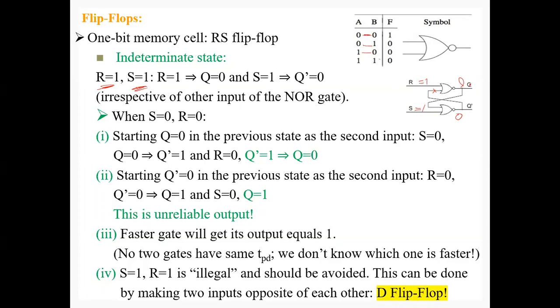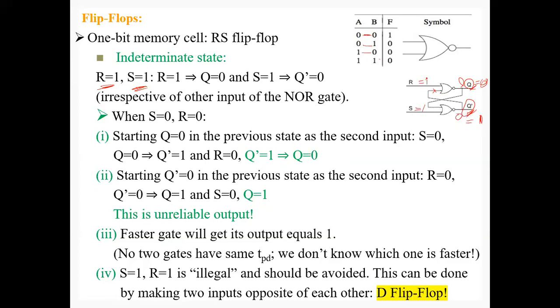So what is your expectation? You should get the opposite of this, right? If this is 0, this should be 1. That's why we label them Q and Q prime. Prime means complement, right? If this is 0, we should expect 1 here. But that did not happen.